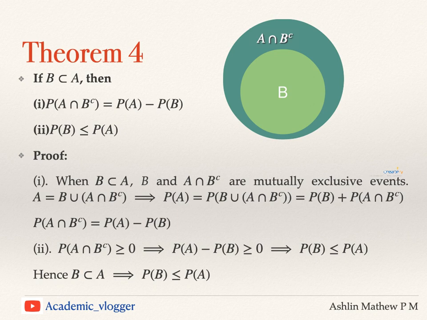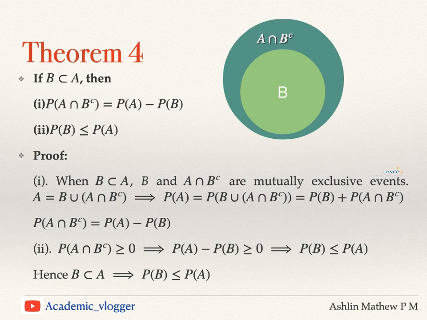Since B and A intersection B complement are mutually exclusive events, I can write the event A as B union A intersection B complement, isn't it? Yes. So this implies probability of A is equal to probability of B union A intersection B complement, and probability of A union B can be written as probability of A plus probability of B if those are disjoint.